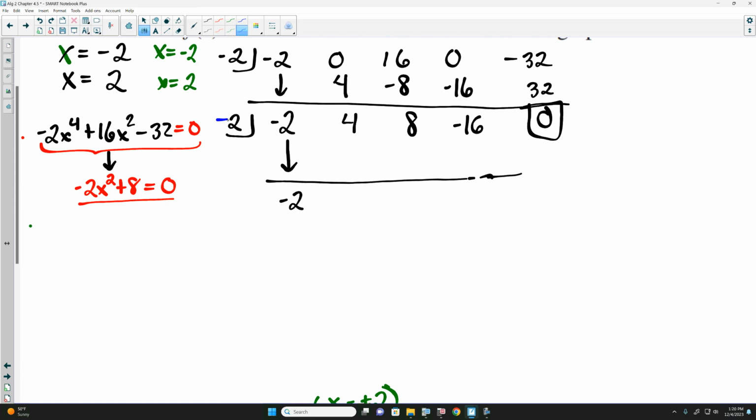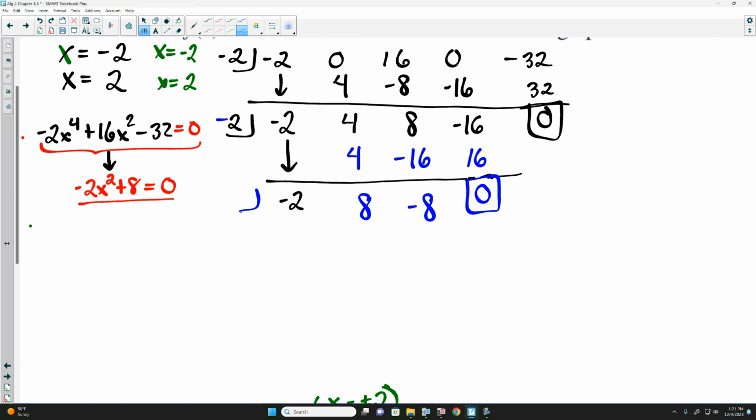So if I tried negative 2 here, negative 2 times negative 2 would have given me 4. 4 plus 4 is, negative 2 times 8 is negative 16. 8 plus negative 16 is negative 8. Negative 2 times negative 8 is, which would also give us 0.